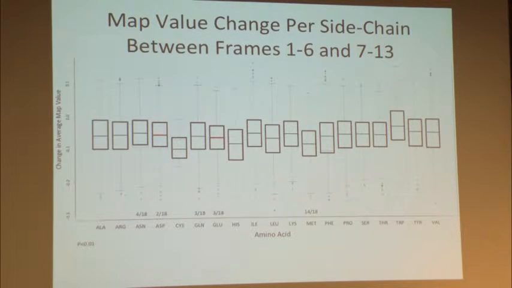And you can see the changes are not that different among all the amino acids. So I think this radiation damage study suggests radiation damage cannot fully explain why the negative charge density is low. So possibility 1 is less likely.